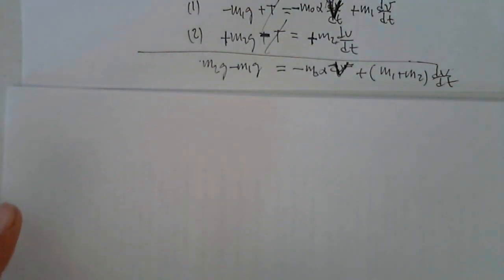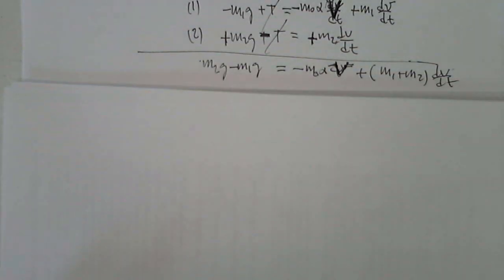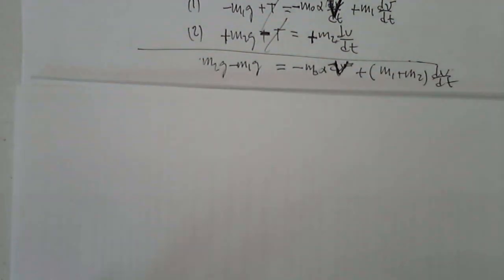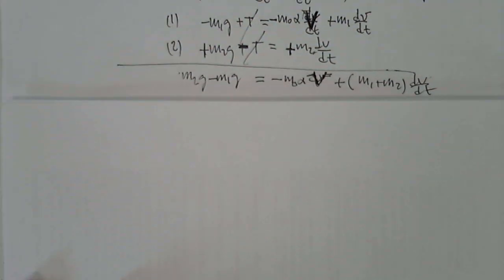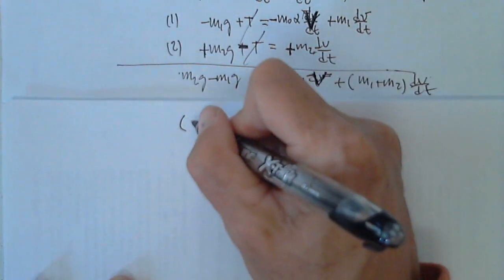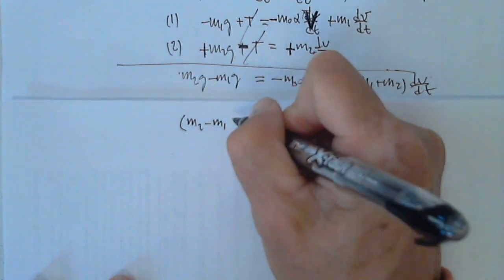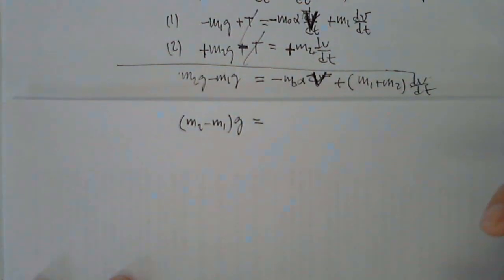And now I'm going to divide by m2. So I get over here, let me get g as a common factor.